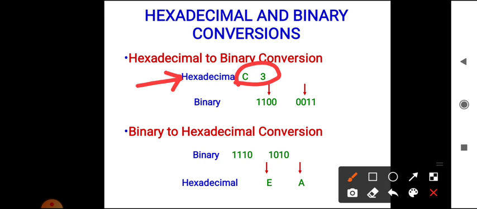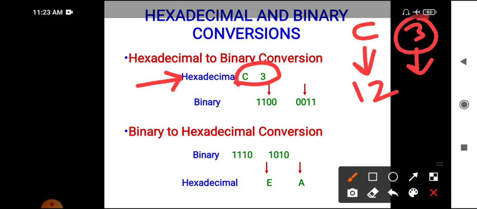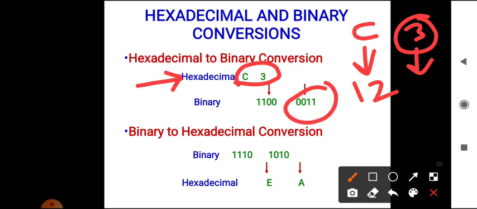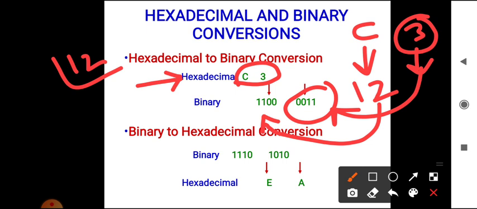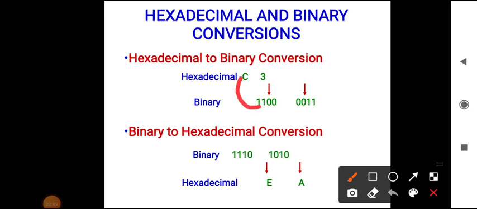First, what is the value of C? 10 means A, 11 means B, 12 means C. And 3 we know.